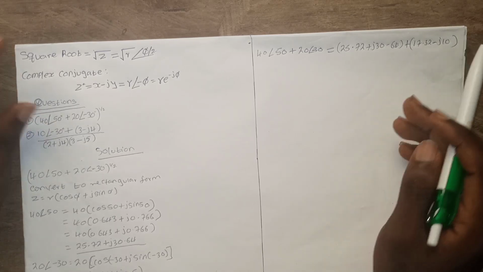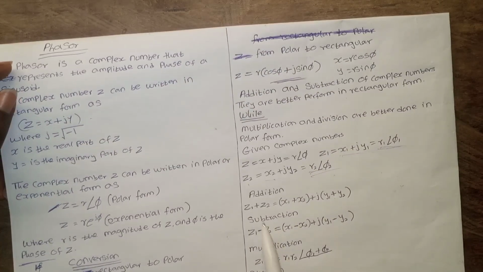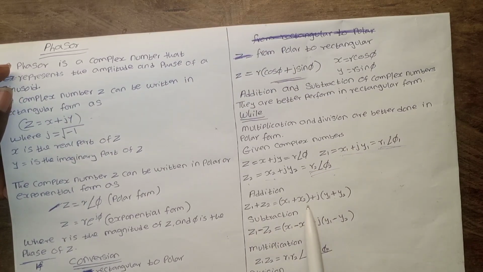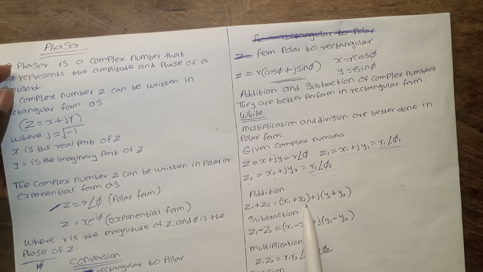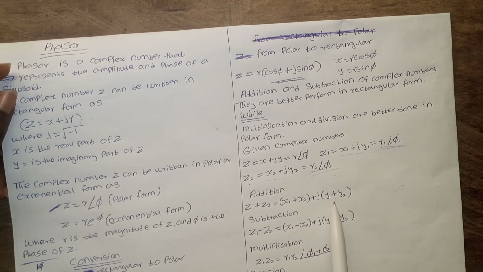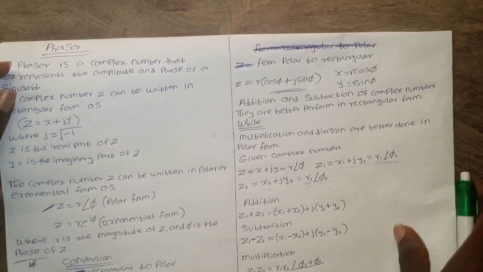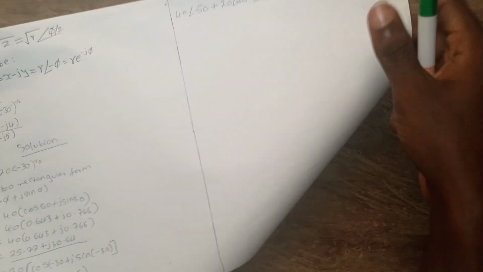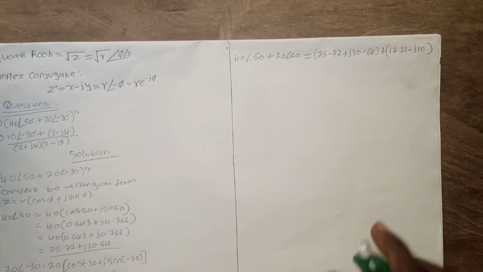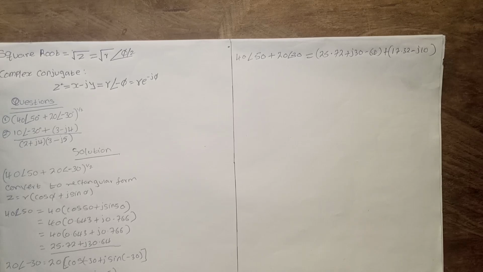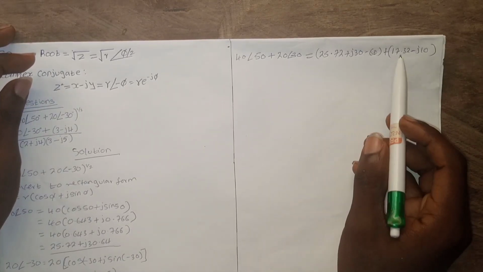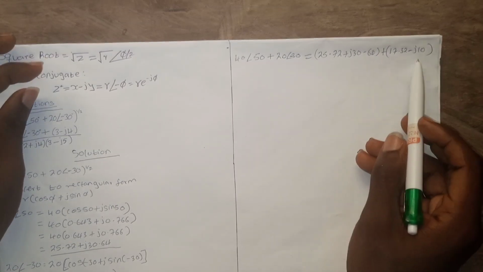And then in our next class, we say by adding together, z1 plus z2 equals s1 plus s2 plus j into y1 plus y2. So how are we going to do it in this one? We're going to add this one and this one together, then this one and this one together.